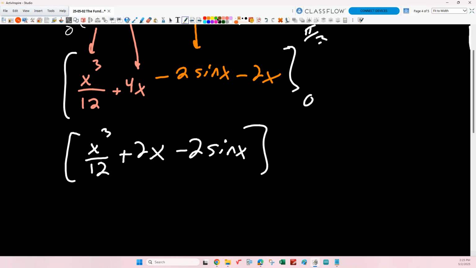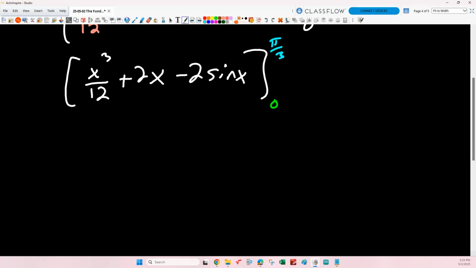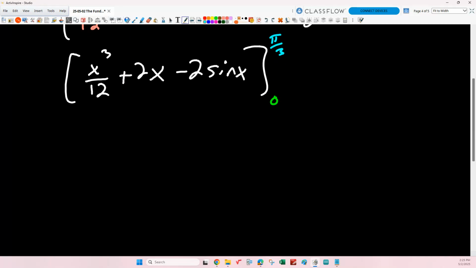from 0 to pi thirds. So if we evaluate that whole thing at pi thirds, we're going to get something kind of ugly, right? At pi thirds, that's going to give me pi cubed over, yikes, 27 times 12.